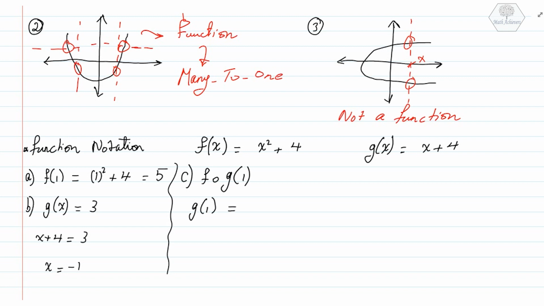G of 1 is equal to what? 1 plus 4, which is equal to 5. So now I need to find f of 5, since g of 1 is equal to 5. F of 5 is equal to 5 squared plus 4, which is equal to 29.